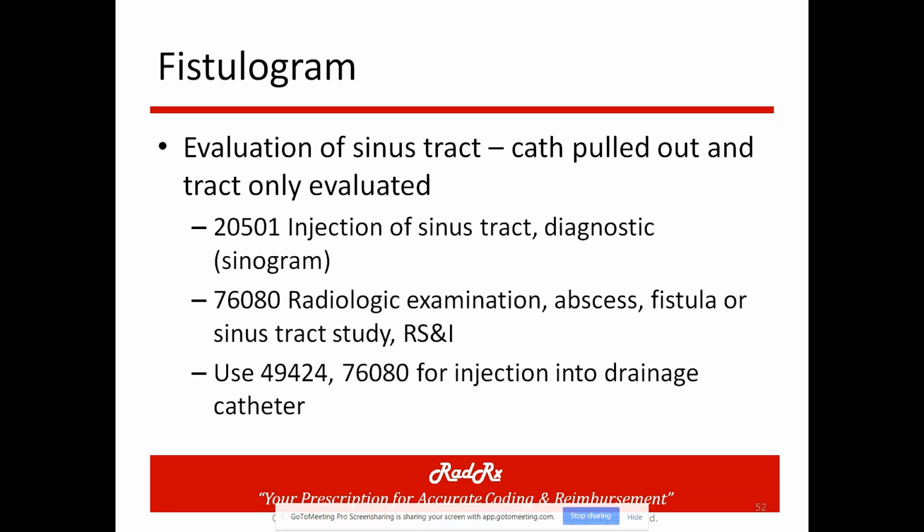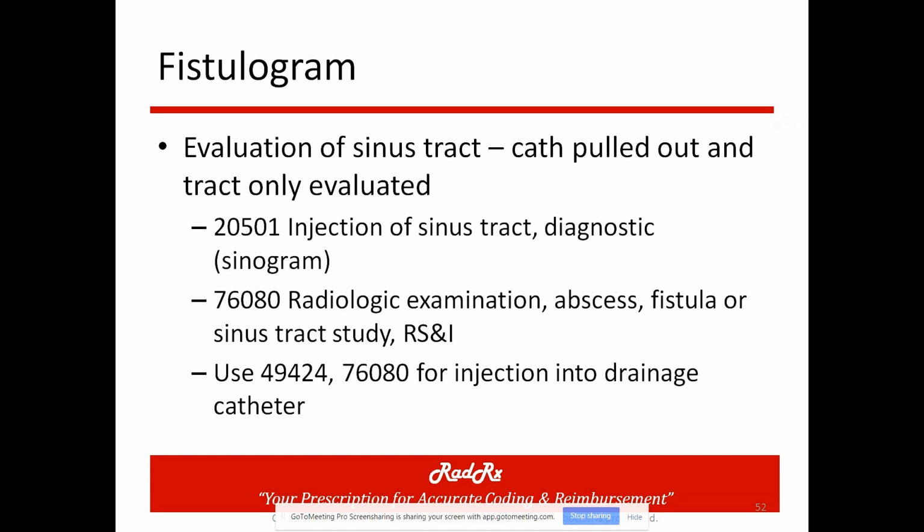That is code 20501 along with code 76080 for a tract only. That assumes that they are not putting anything back in the tract. If they're putting something in the tract, then you either have a placement or a replacement depending upon the circumstances with the patient. And the 49424 and 76080, that's for injection into a drainage catheter. So if the catheter is still there, 49424, 76080.